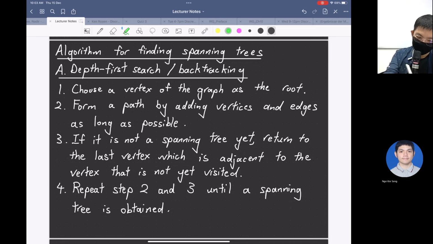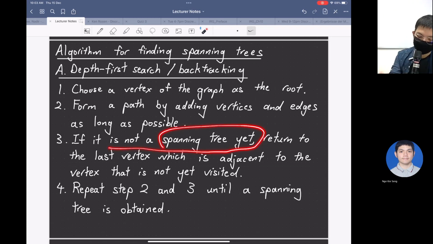Second, form a path by adding vertices and edges as long as possible. If it is not a spanning tree yet, return to the last vertex adjacent to a vertex that is not yet visited, and then repeat steps 2 and 3 until a spanning tree is obtained.